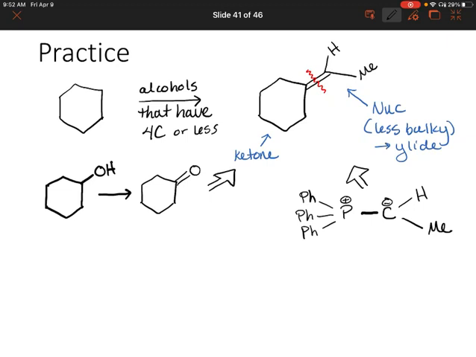Since it's a ketone, we could use really any oxidizing agent, whether it's gentle or strong. So I'll just write PCC here. Okay, how do we add an alcohol to cyclohexane? Well, we might need to do a substitution reaction.